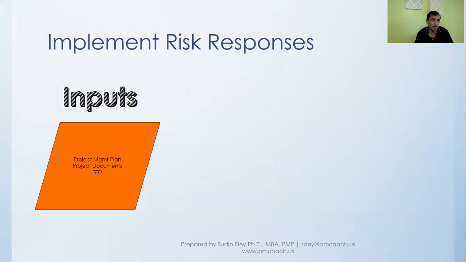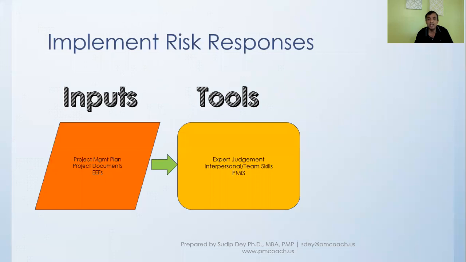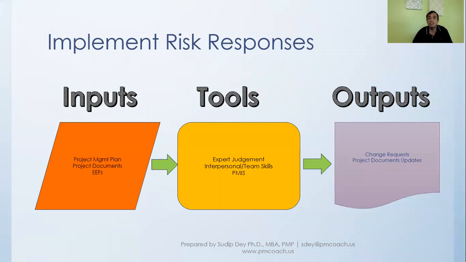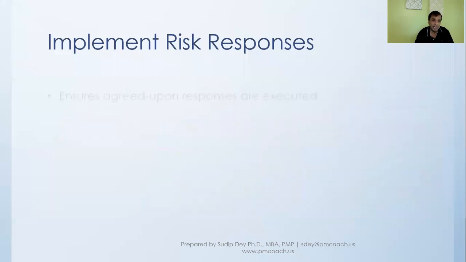The inputs and tools involved are the project management plan, project documents, environmental factors, and again expert judgment, interpersonal skills, and PMIS. PMIS is the project management information system, and there will be a change request part, because a risk has been identified and we raise a change request to get that done.